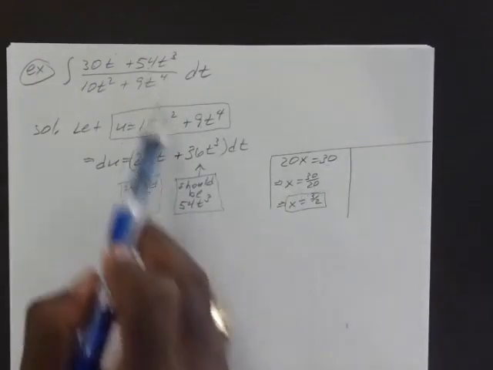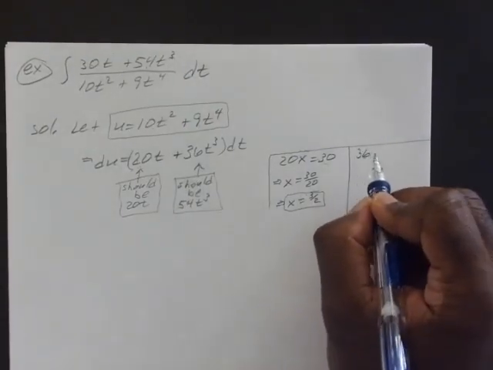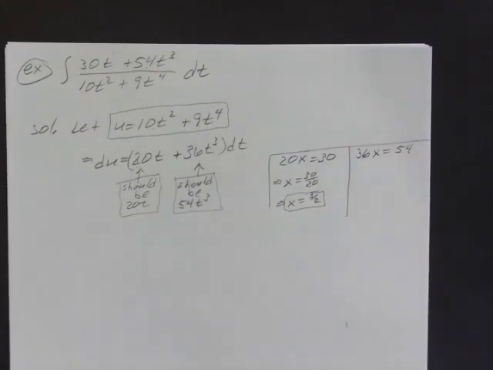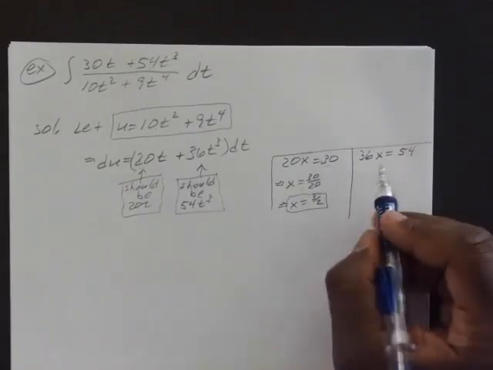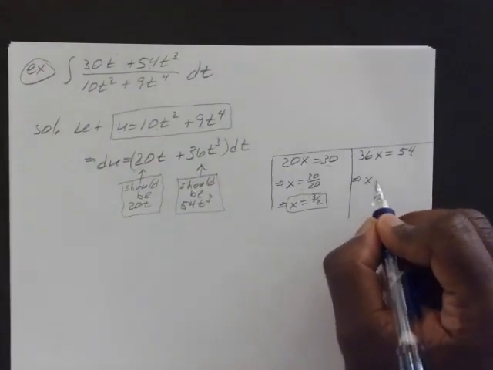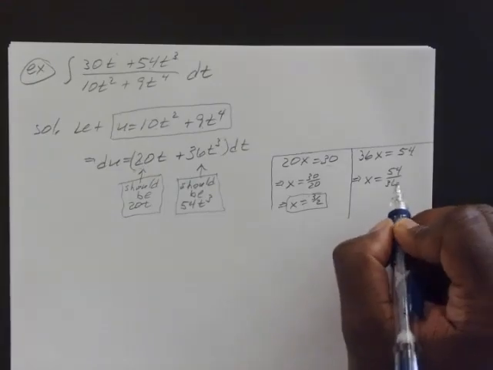And let's see if it works for the other one. We know that 36 times some number has to equal 54. So if it's 3/2 also, we're good. So if we divide both sides by 36, we have x is equal to 54 divided by 36.